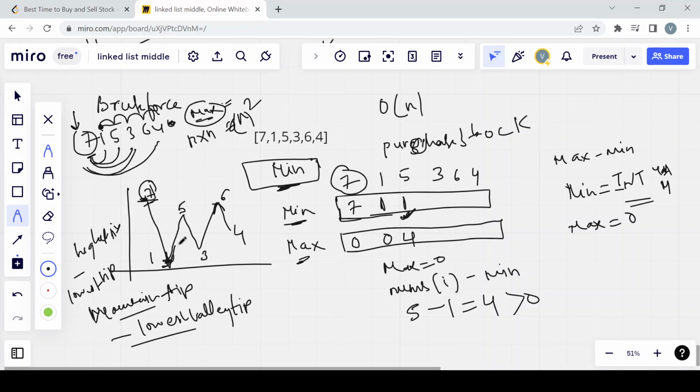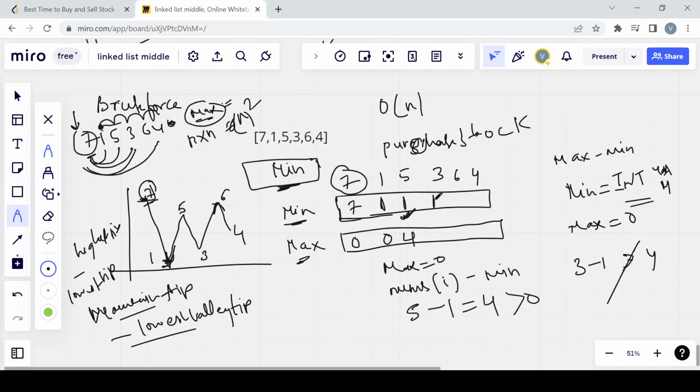That's okay, but is it the maximum? It can be the maximum or not. We have to compare other elements as well. So let's see, is 3 smaller than 1? No, so we'll keep our minimum as 1. Now we'll check 3 minus 1. Is it greater than 4? No, it's not greater.